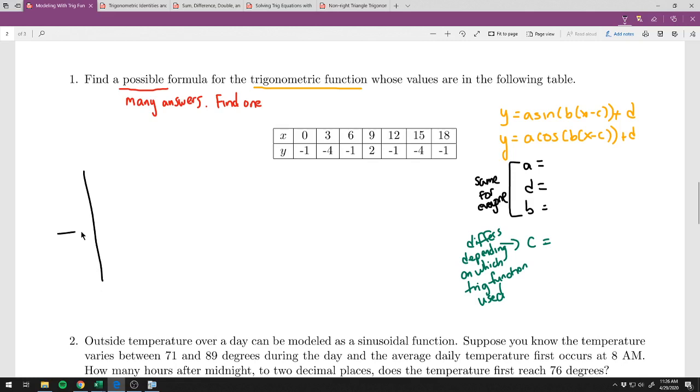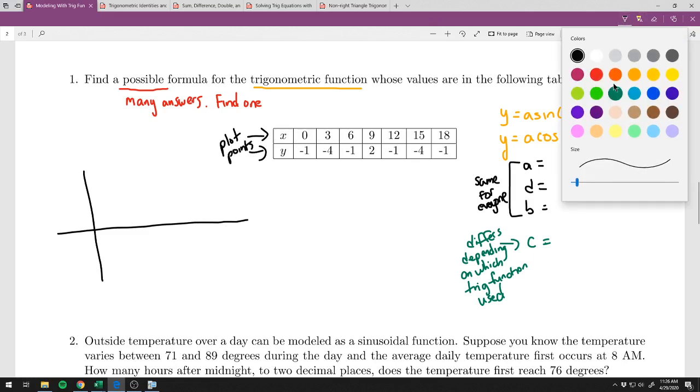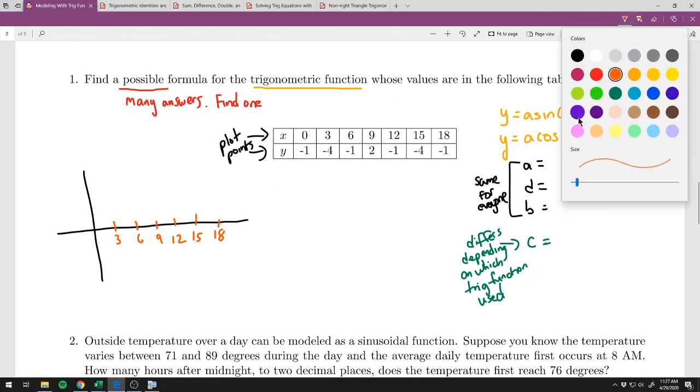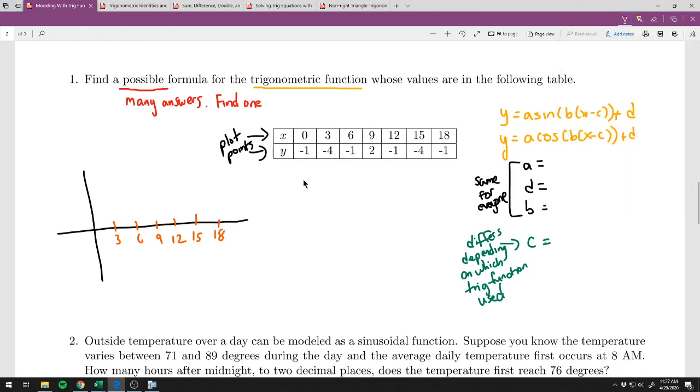But I'm going to start, like I said, by plotting these points just to get the shape. The x values that you'll see are in increments of 3, starting at 0, 3, 6, 9, 12, up to 18. You might find that you don't need to plot all of them to get a good picture, but if you do plot all of them, you'll at least know you're not missing anything.